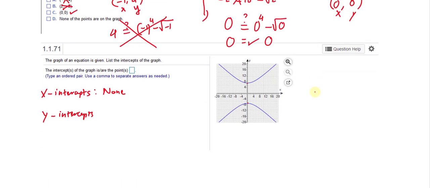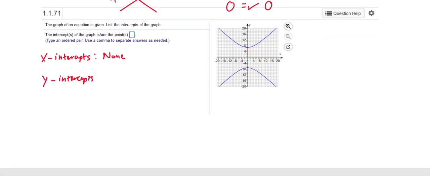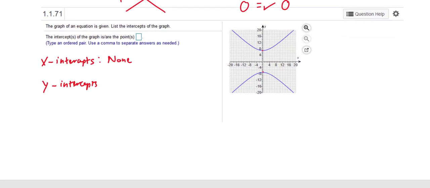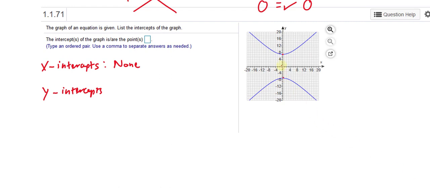Let's zoom in more so we can clearly see. This is 4, 5, 6, 7, right? So 7 for y.